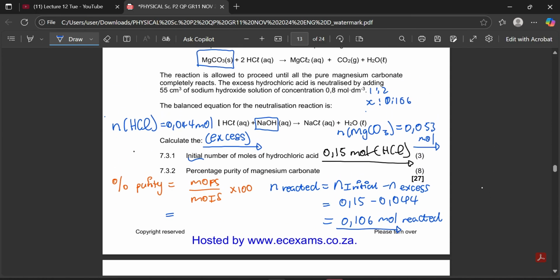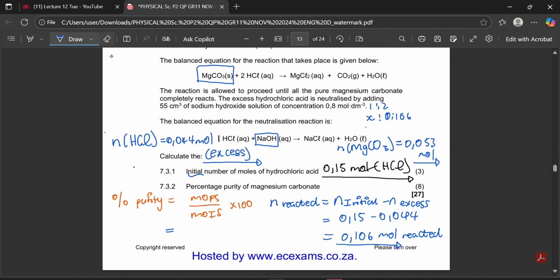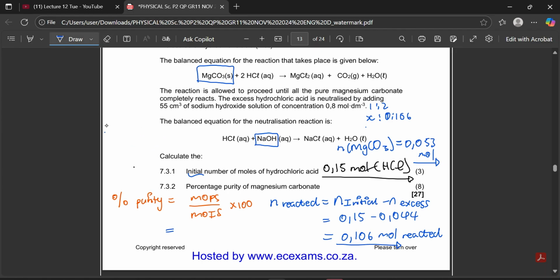So now that we have the moles of magnesium carbonate, we can use those moles to determine the mass of magnesium carbonate. The number of moles equals m over M, and the molar mass is magnesium 24 plus 12 plus 16 times 3.